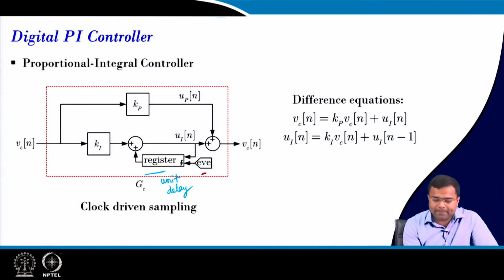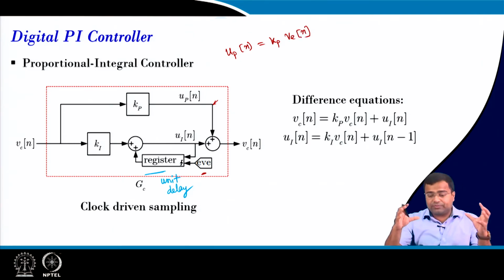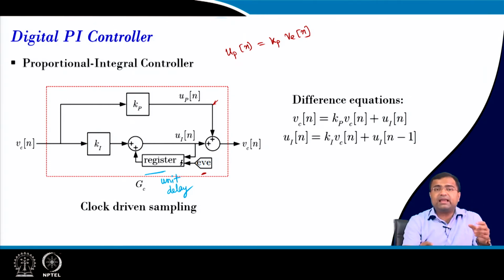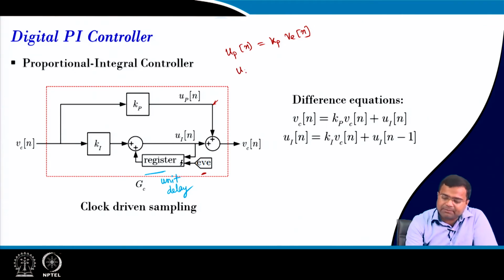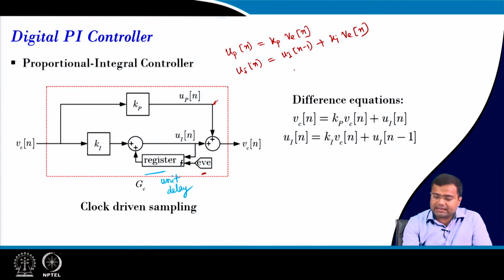So, you can see this part is the proportional part, where the proportional part is simply Kp into Ve of n, and when we go to Verilog, we will see this will be like data flow modeling. Then the integral part will have ui of n minus 1 plus Ki into Ve of n. This delay is actually generated by this register.